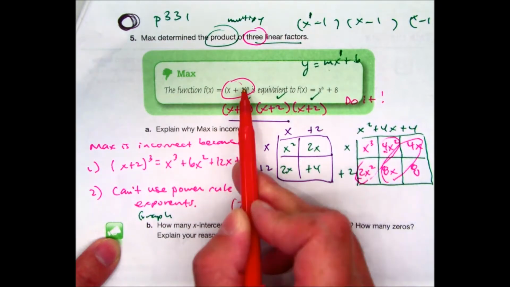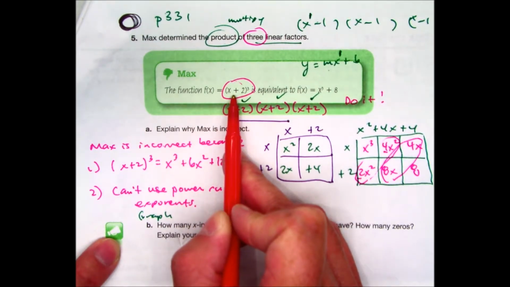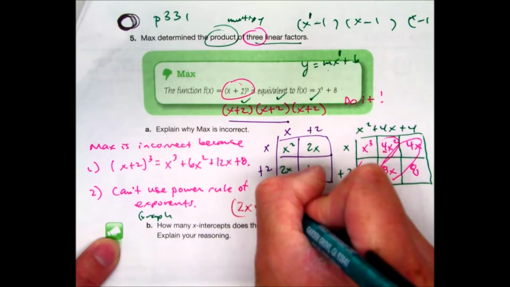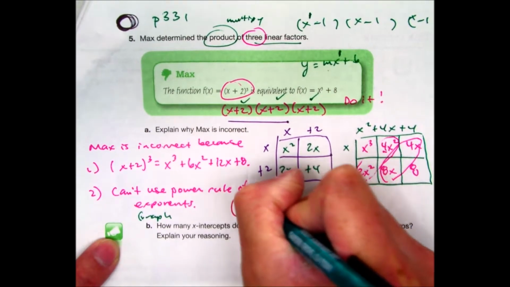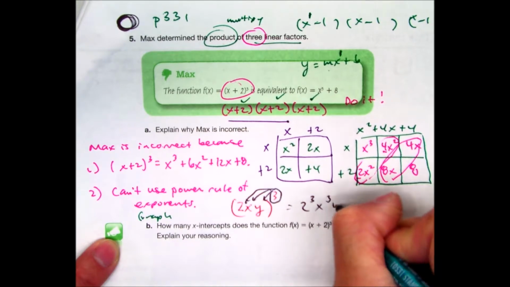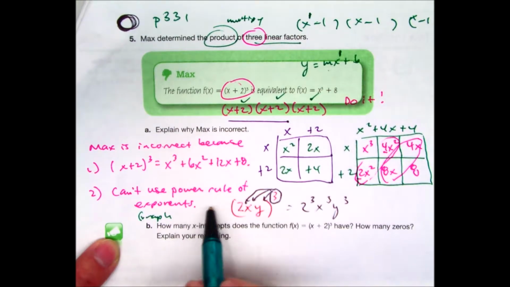It's multiplication. This is addition. Here you can distribute the 3. The math gods are okay with this. That would become 2 to the third power, x to the third power, y to the third power. This is okay. This is what the power rule is.